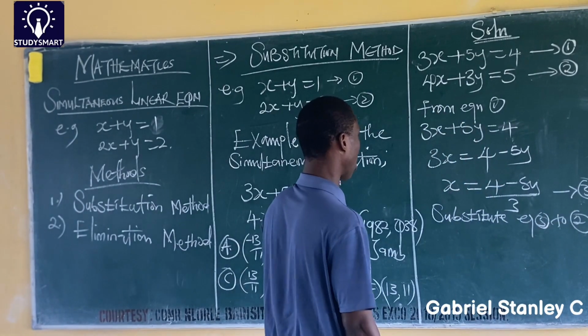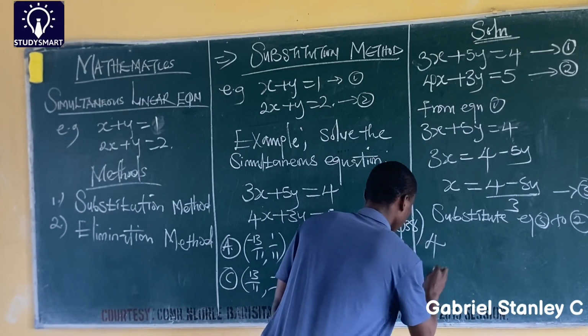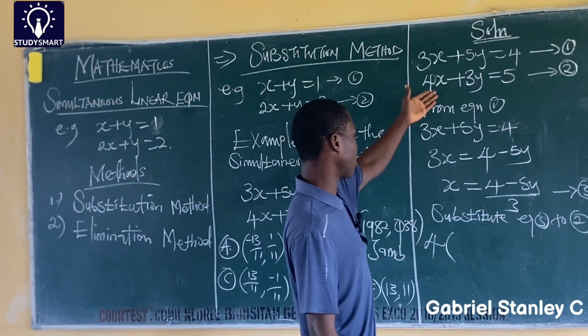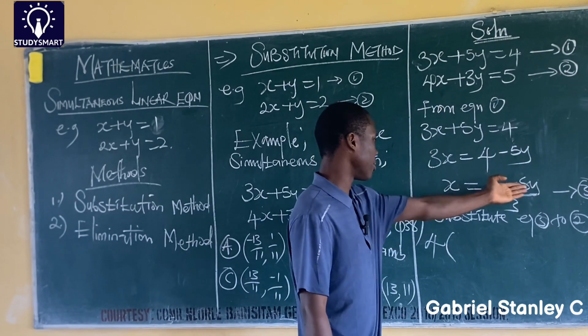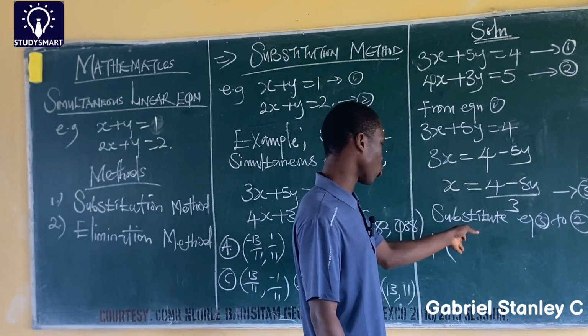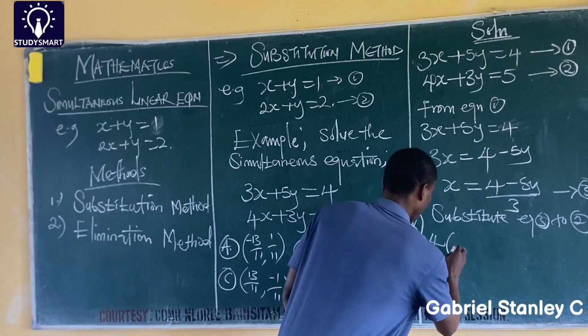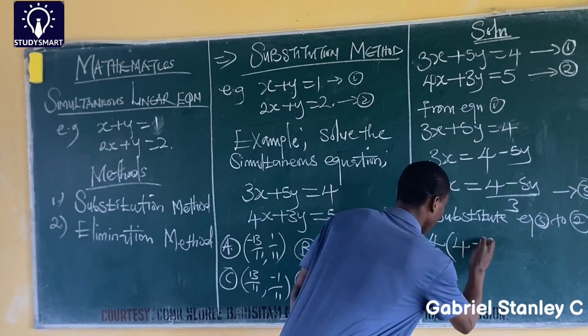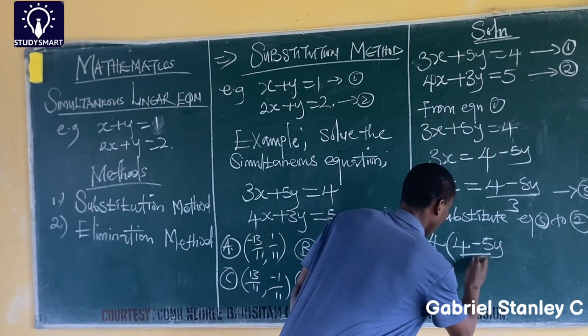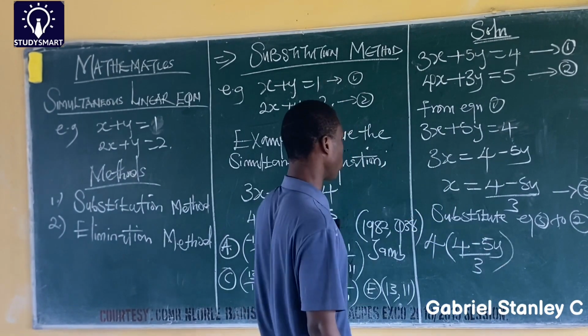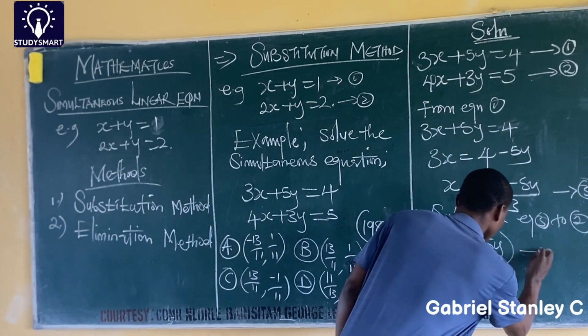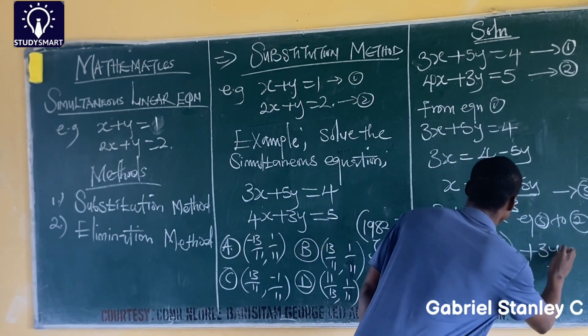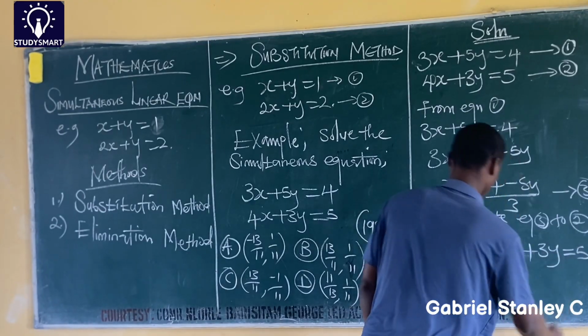So if you do that, I'll be having 4 here. We know the expression for x, which is this, so we take the whole of it and substitute it here. We have 4 times the bracket 4 minus 5y over 3, bracket close, plus 3y equal to 5.